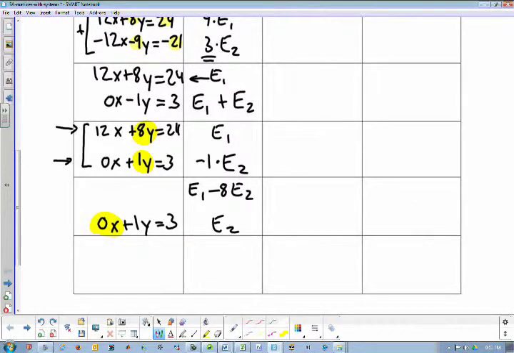We're going to do two for one now. And what we get, well, we have this 12 minus 8 times 0, which is 12x. We have this 8y minus 8 times 1y, and that's going to give us 0 y's. We have this 24 minus 8 times 3, and that gives us 0.